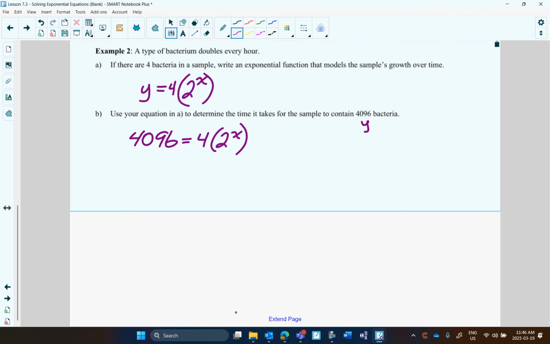Instead of y, we replace it with 4,096 and we solve it for x. What would be the first thing you do? Divide by 4. Get rid of that times 4 in front. And that should give us 1,024.